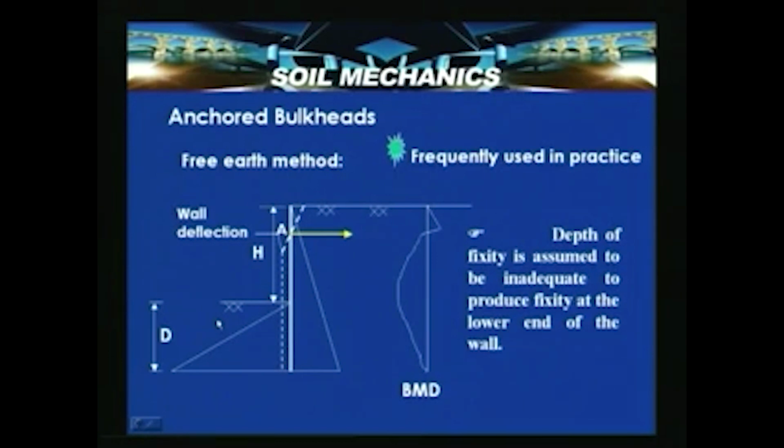In the free earth method, because of the movement, this is the deflection line which is shown here. There is no movement here and there is a movement towards this side because of the location of the anchor. The wall is pulled inside and there is a movement here. This condition can occur if there is no anchor passive failure. So, the depth of fixity is assumed to be inadequate to produce fixity at the lower end of the wall.